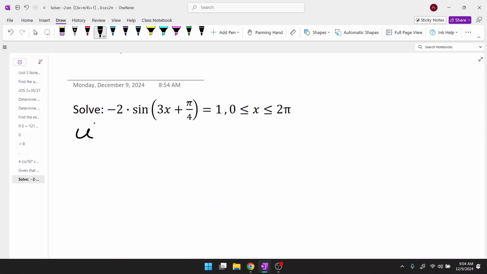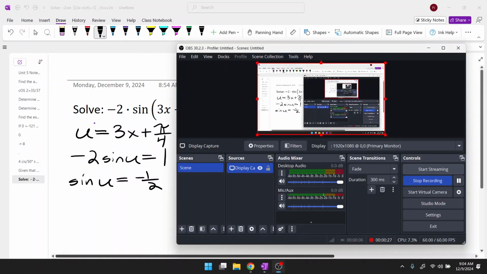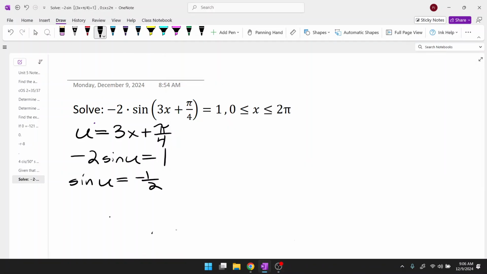So if we let u equal to 3x plus pi over 4, you have negative 2 sine of u equal to 1, and sine of u equaling negative 1/2. So FYI, you will have a unit circle at your disposal for the final exam.